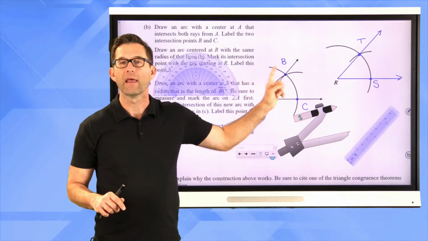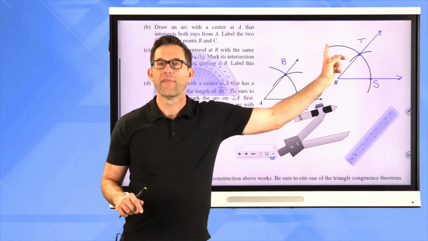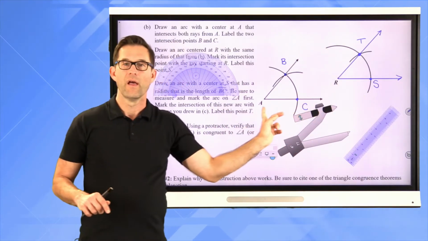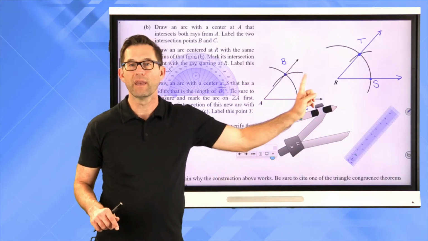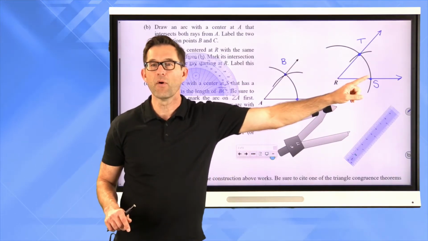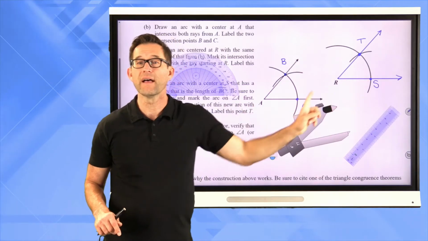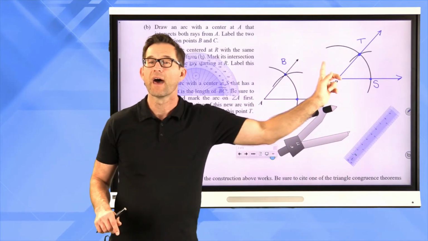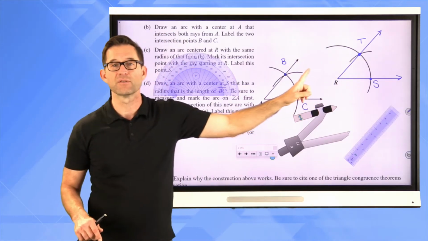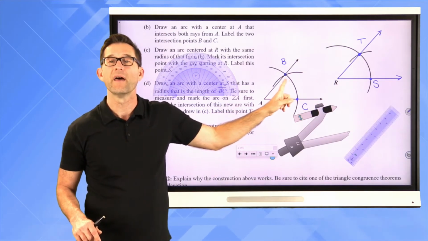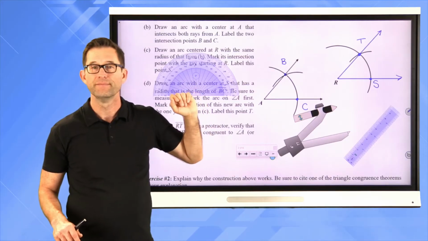I made a large arc over here, and then I copied that arc over here. Then I measured the arc from C up to B, or measured that radius, and made that arc. Then I came over here and put the sharp end down at S, which was equivalent to C, and made exactly the same arc, thereby locating that intersection point in an equivalent spot to that intersection point.